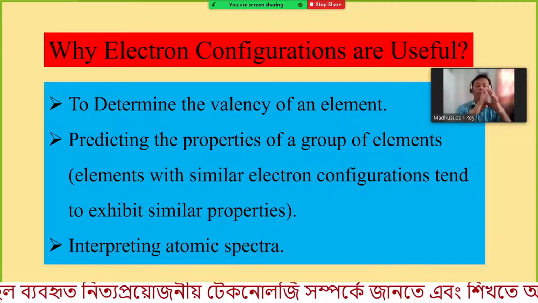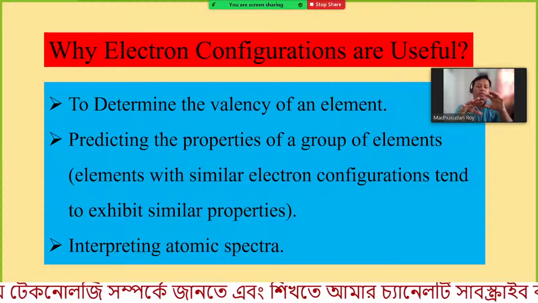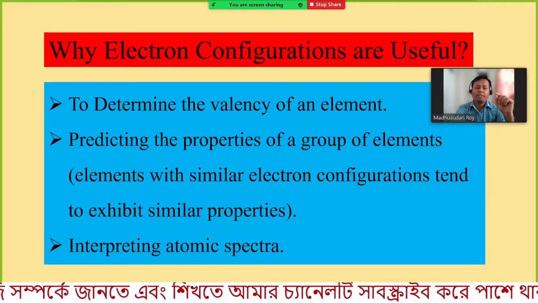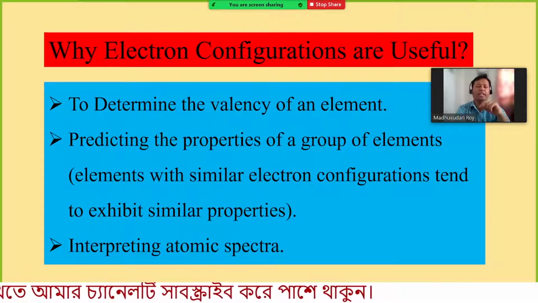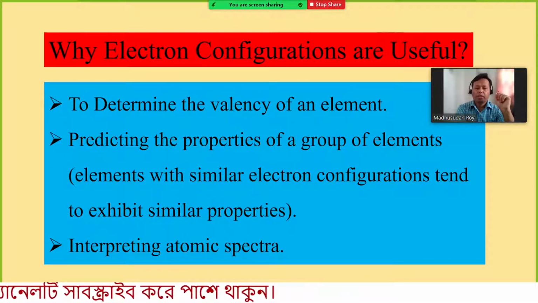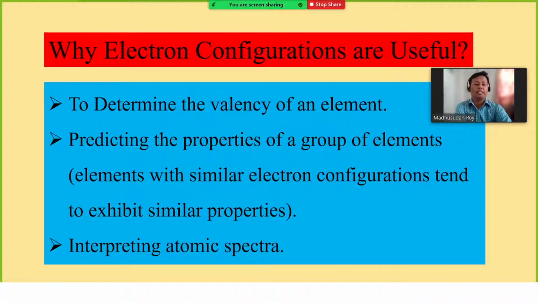If you consider sodium, the first shell has 2 electrons, the second shell has 8 electrons, and the third, outermost shell has 1 electron. Now if you hit the atom with X-ray, that means very high energy, then what will happen?